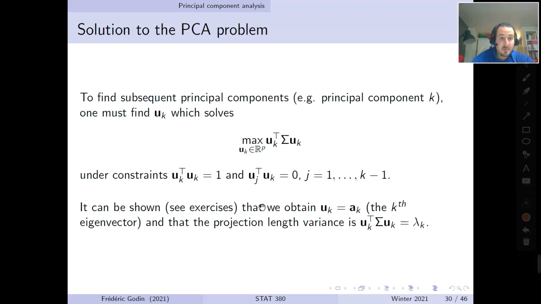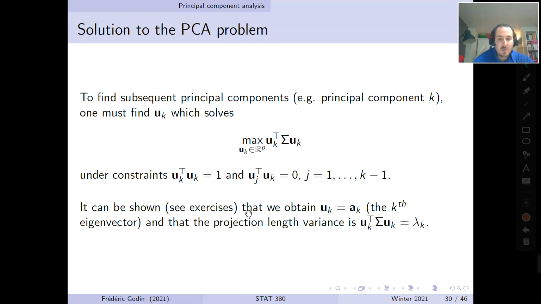This problem can be solved using similar ideas, again Lagrange multipliers, and we won't do it here. We won't solve this problem here, but we do it in the exercises. So please do the exercises to show what follows.